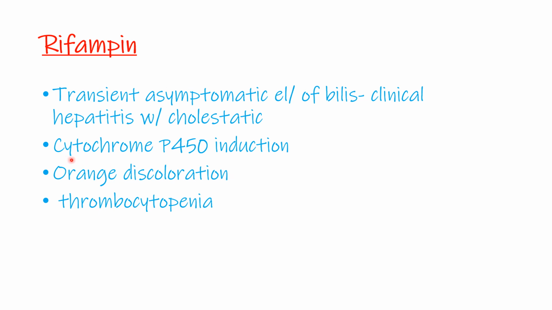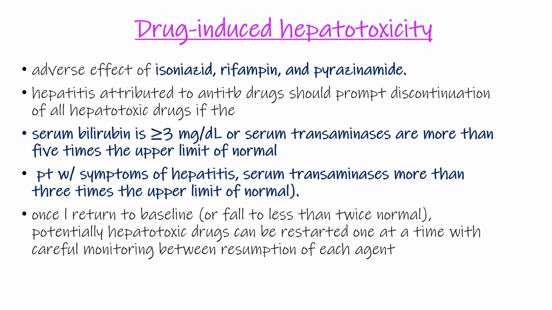In addition, it also causes cytochrome P450 induction, which will influence other drugs like oral contraceptives, among others. It also causes transient asymptomatic elevation of bilirubin, and can cause clinical hepatitis with a cholestatic picture. In addition to that, it also causes thrombocytopenia, which is immune mediated.